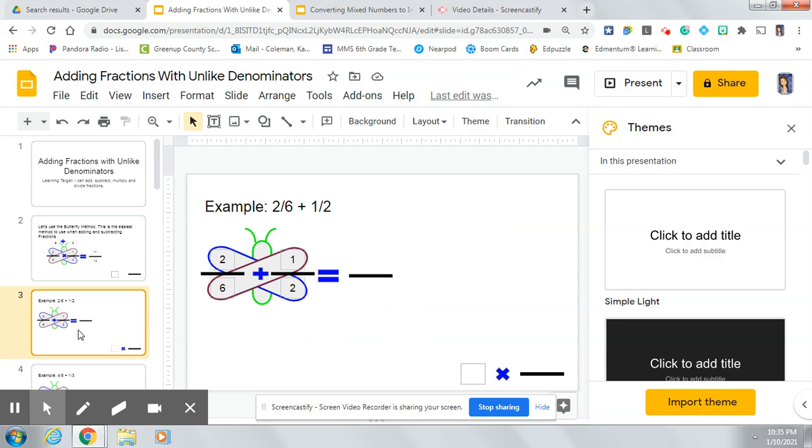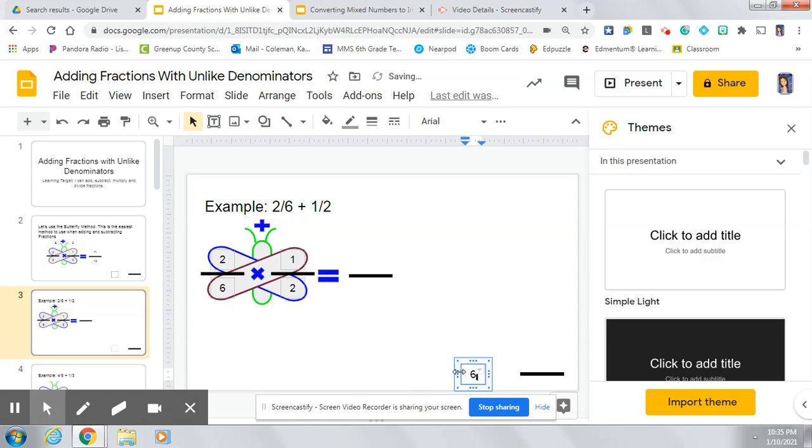We have 2/6 plus 1/2. If you remember, I'm going to move the multiplication sign right here because I have to multiply the two numbers that my purple wing includes. So I have to multiply 6 times 1 together. 6 times 1 is going to be 6. So I'm going to put 6 above that antenna. Then I multiply the two numbers in my blue wing. 2 times 2, which is going to be 4.